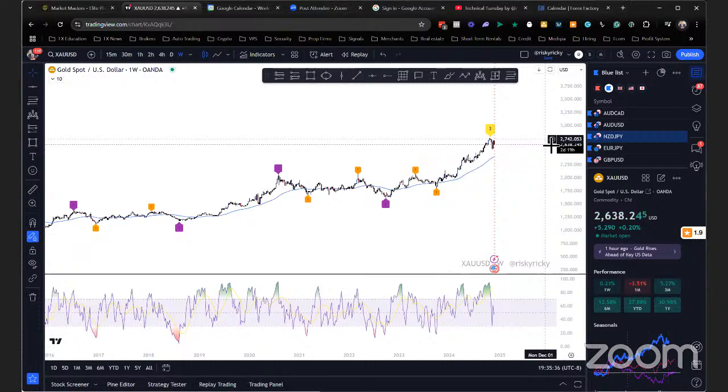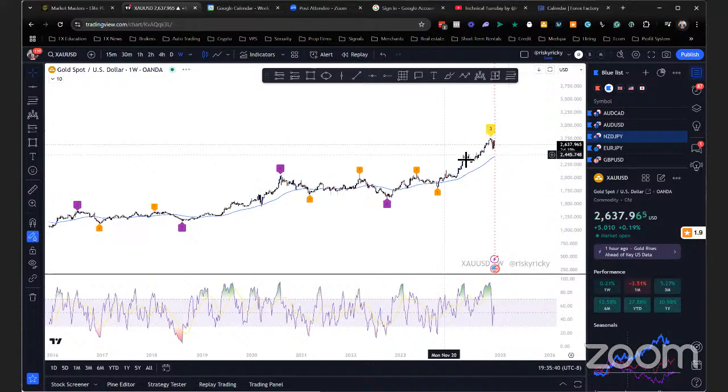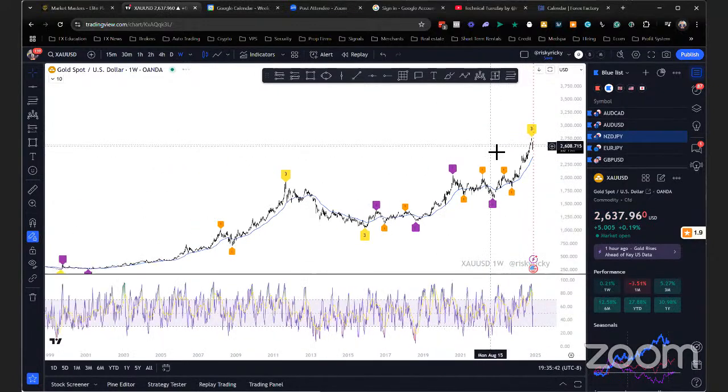Only thing with gold is, because it's at all-time highs, it's hard to tell if there's an area that there could be some reaction.